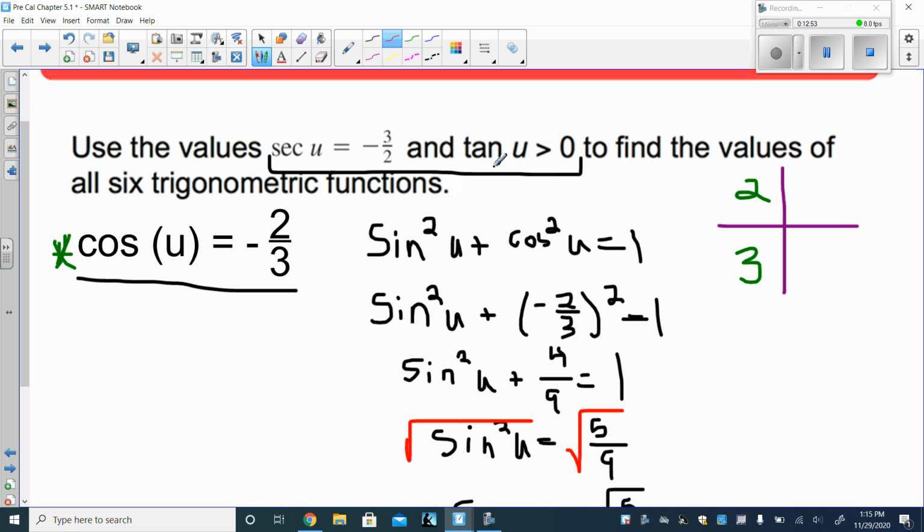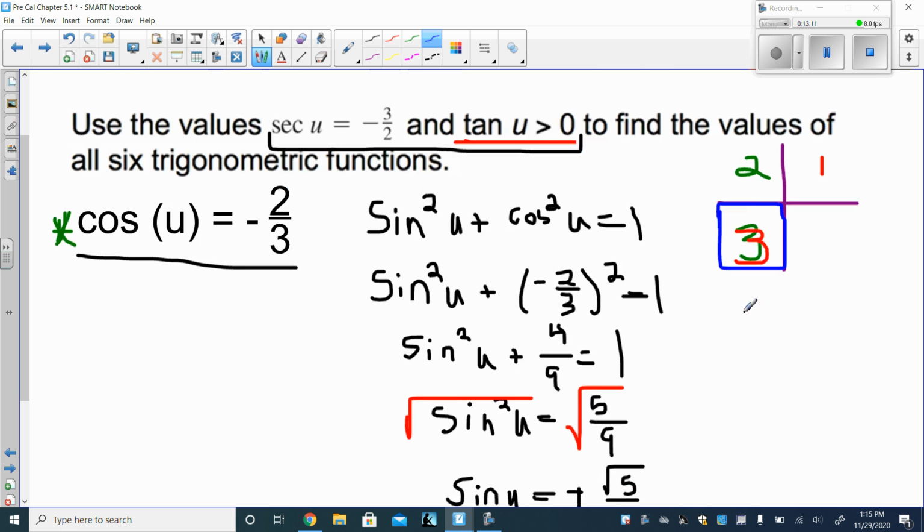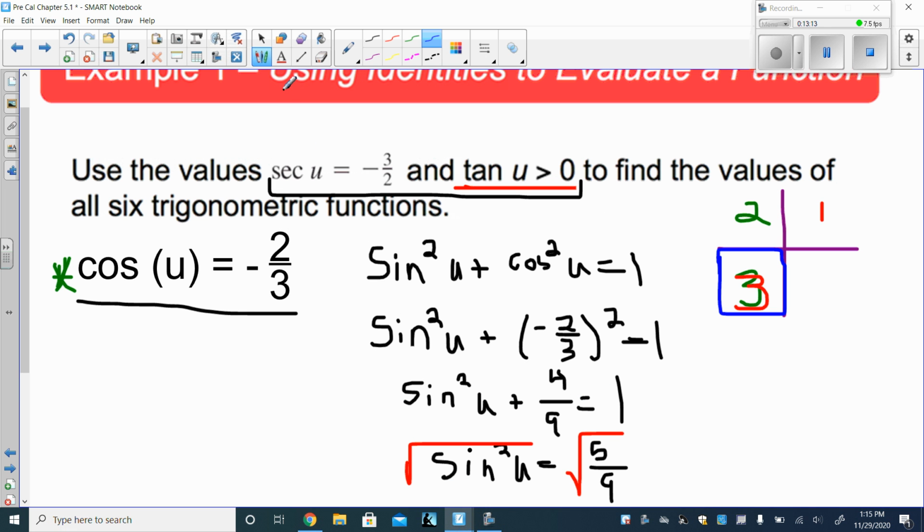Now the other piece of information they gave us is that tangent is positive. Well, the only two places where tangent is positive is in the third and first. Now where's the only spot where both of those line up? It's down here in the third quadrant, and that's really what this is telling us. I skipped over this. This should have been the first thing I talked about, is this here, where sine, cosine, and tangent, where all they're going to lay, but I didn't. So that's where we're coming back to this here, with this plus or minus.